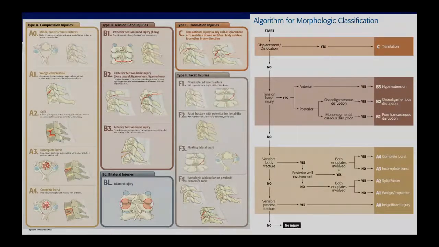And then the interesting thing here is that the facet injuries are completely their own categories. You can see there with the F, and then bilateral injuries and any translational injuries, even if it comes from one of the other types, either tension band, compression or facet types, it would automatically go to the C category, and then you could use the other modifiers to further describe it.